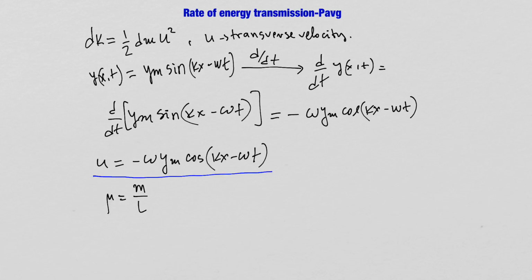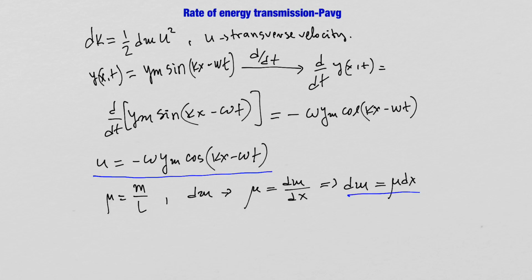So therefore, for a mass element with mass dm, I can calculate the linear mass density as the ratio of dm and dx, where the x is the length of this mass element. And so then from here, dm is equal to mu times dx.